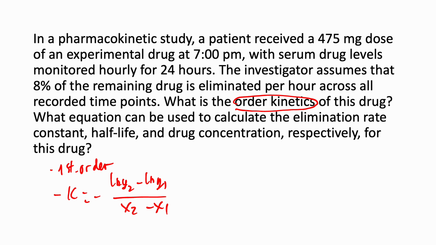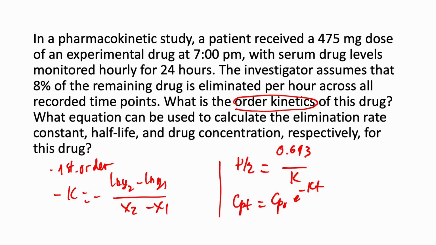For the half-life in first order kinetic, half-life is equal to 0.693 divided by K. The equation to describe the drug concentration over time, CPT equal to CP0 exponential minus KT.